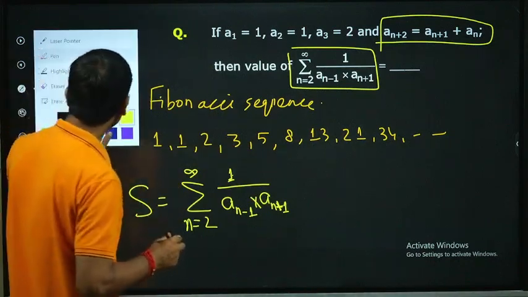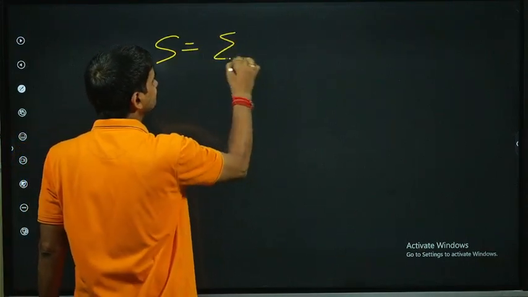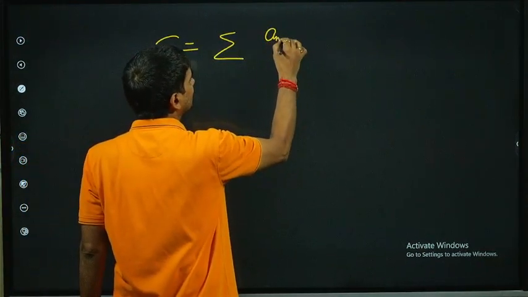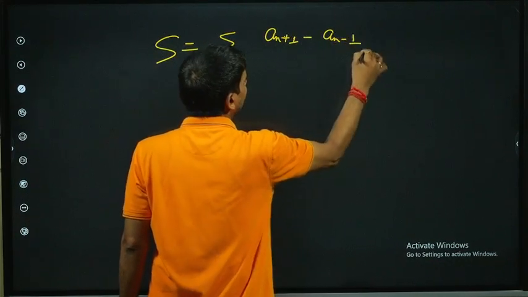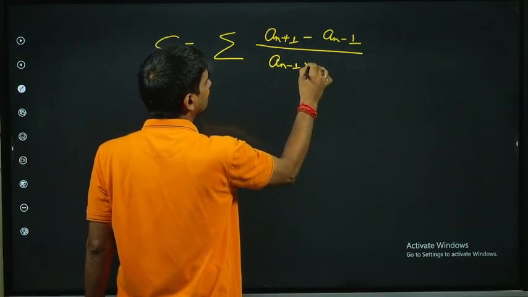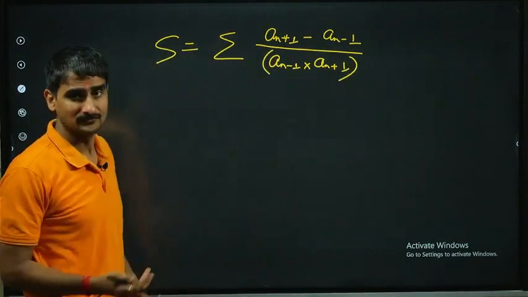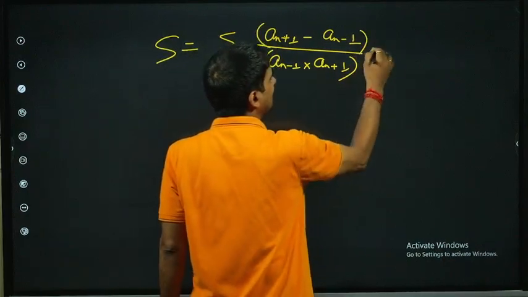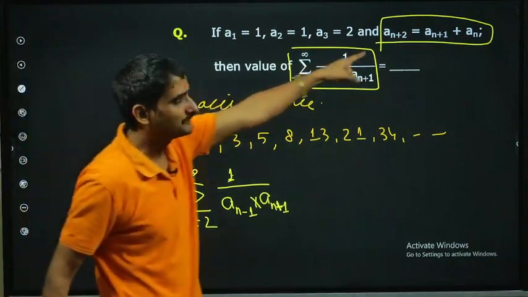So see how I started. I started by writing the general term in the numerator as a(n+1) minus a(n-1), upon a(n-1) into a(n+1). Now you will say, how can we write it? Of course, we can't write it until I balance it, so I balanced it from here.